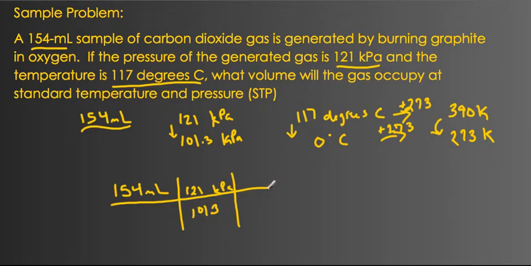Now I need to deal with the change in temperature. In this example, I'm going from 390 kelvins to 273 kelvins, so my temperature is going down. According to Charles's law, if my temperature goes down, my volume will go down. If I was ignoring the middle ratio and I wanted this 154 to go down because of my change in temperature, I put the small number on top, 273 over 390.